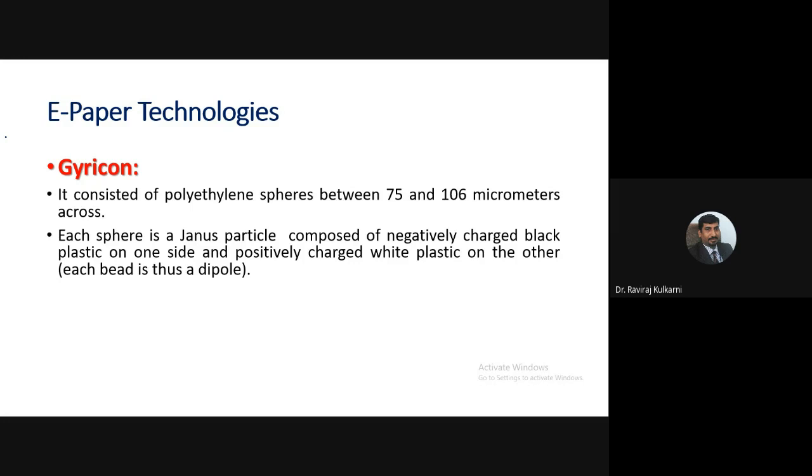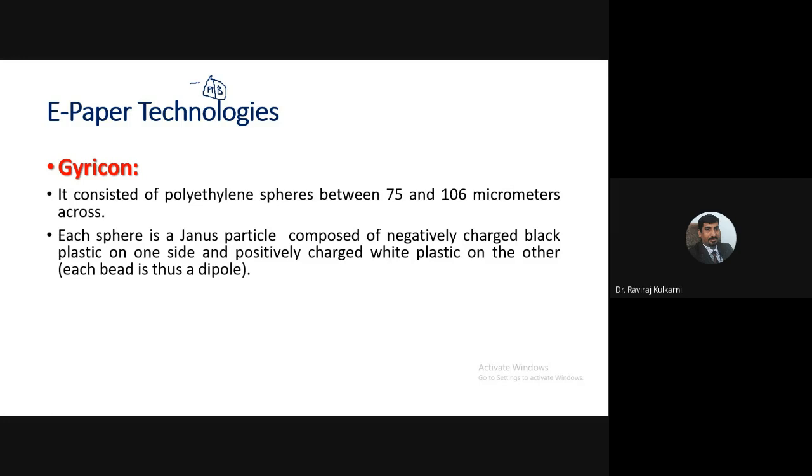Janus means in one particle there are two properties. Those kinds of particles are called Janus particles, composed of negatively charged black plastic on one side and a positively charged white plastic on the other side. Each bead, one microsphere, has one part, say A, and another part B. The same particle has two different physical properties.